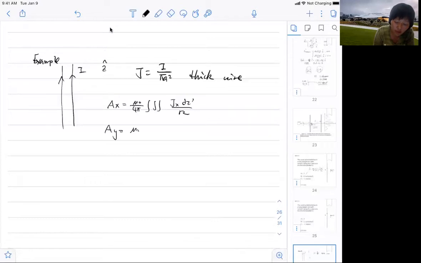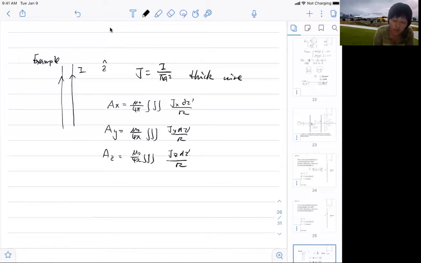Ay is the same, Jy over r. Az is the same, Jz d tau over r. Okay, so that is from the vector equation.